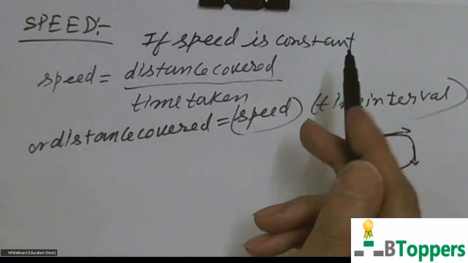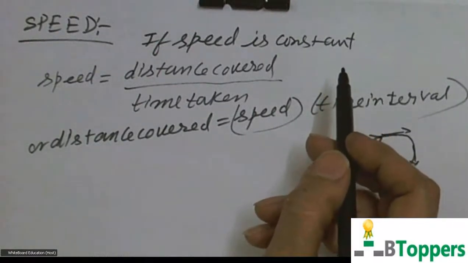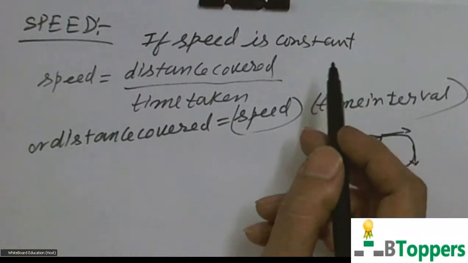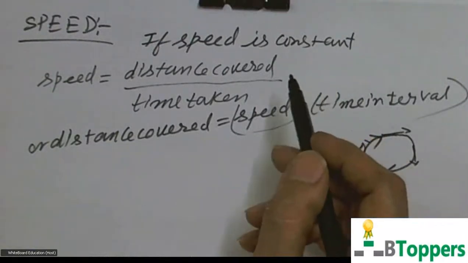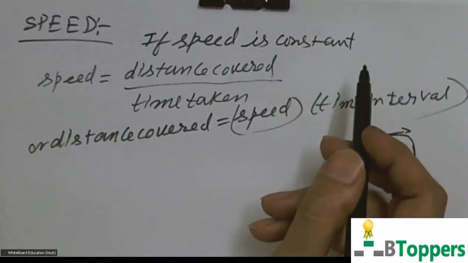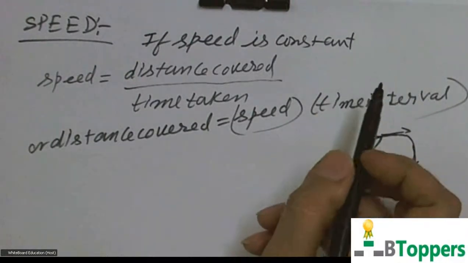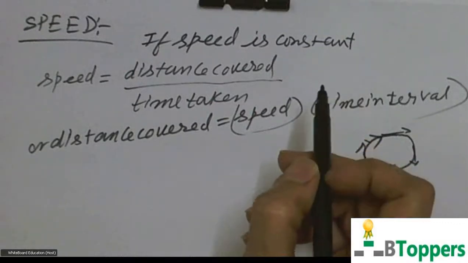But if it is given that a particle moves with constant velocity, you can conclude that its speed is also constant and its acceleration is 0. So acceleration is defined as rate of change of velocity of the particle.